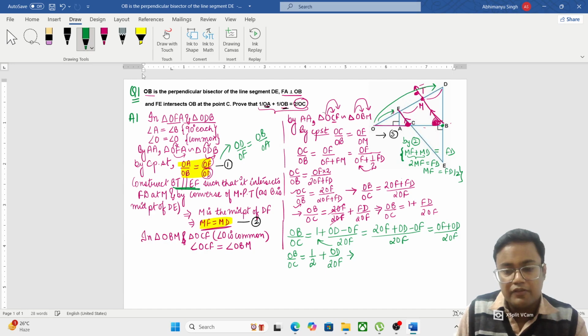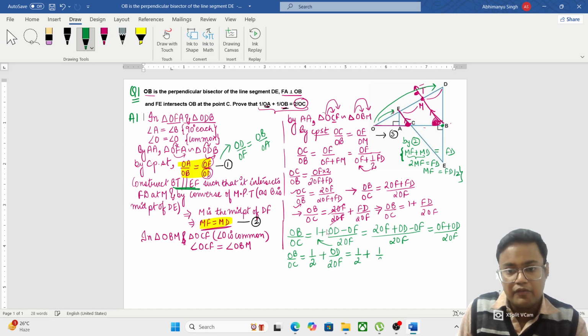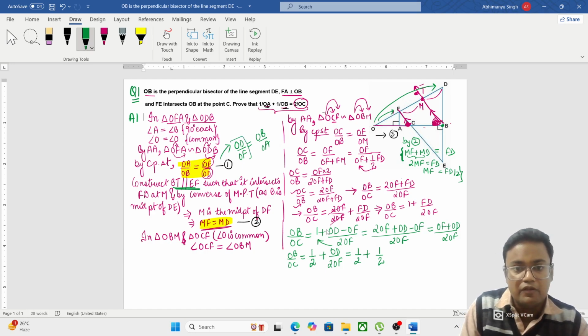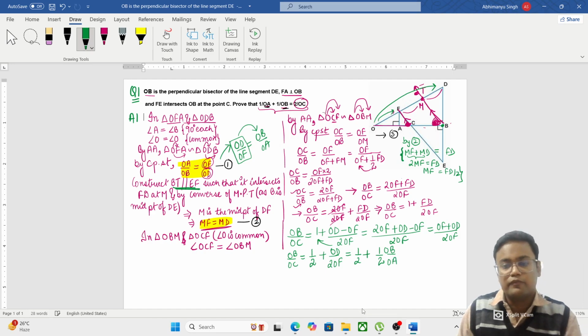So I can further write like this. It will be equal to 1 by 2 plus, 1 by 2 will remain constant here. In place of OD upon OF, I will write OB upon OA. So it will be OB upon OB.